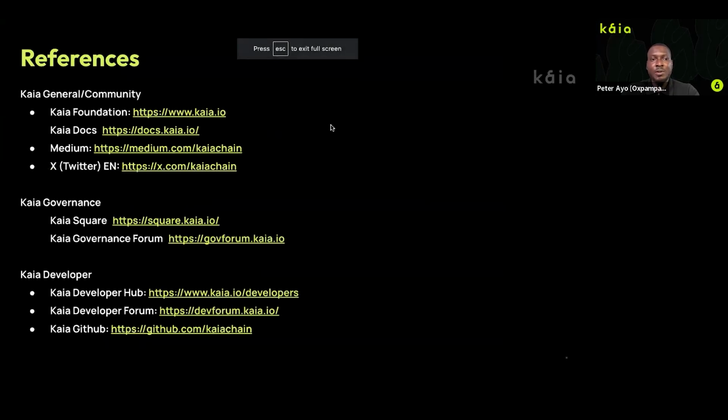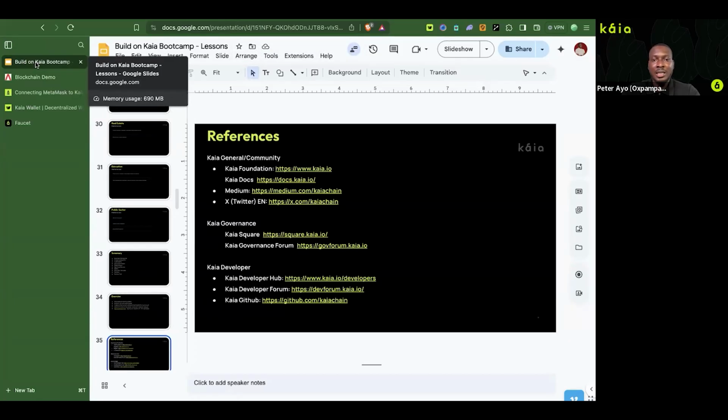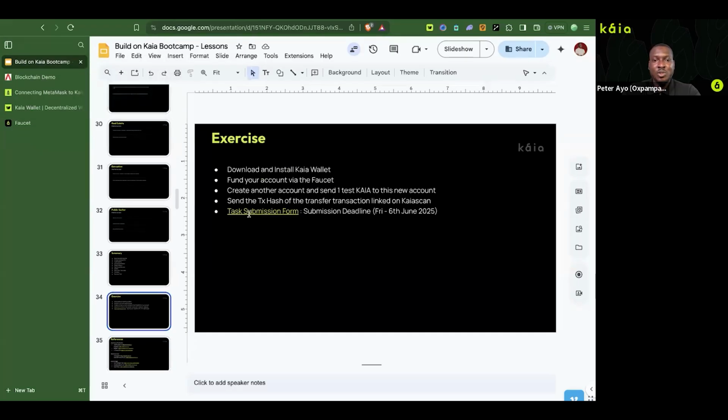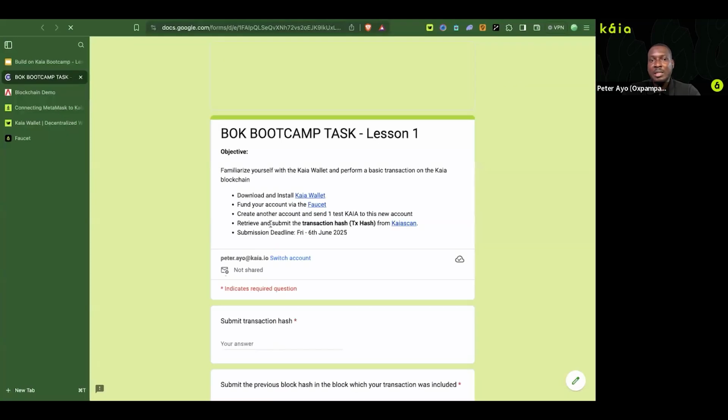So this is the assignment. Now, the objective of this is to basically show you how to first have a wallet and also interact with the blockchain by sending a transaction. Because we mentioned that a block contains various lists of transactions, right? And then you want to copy the hash of that transaction. And then what you're doing next is trying to see some of the block details or the block elements.